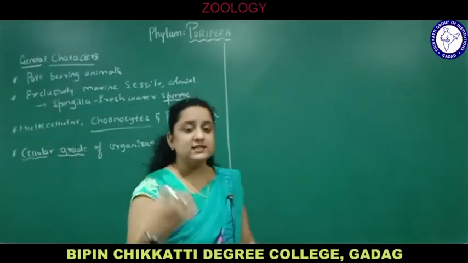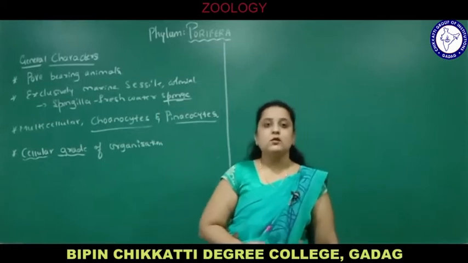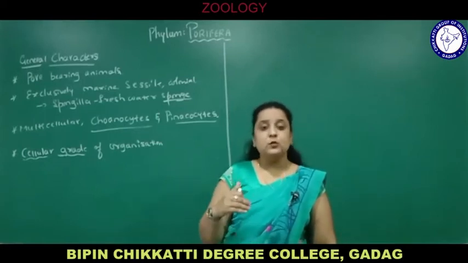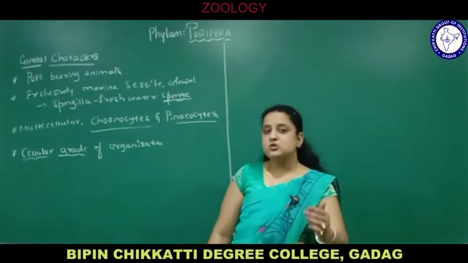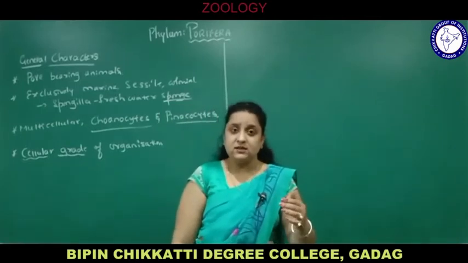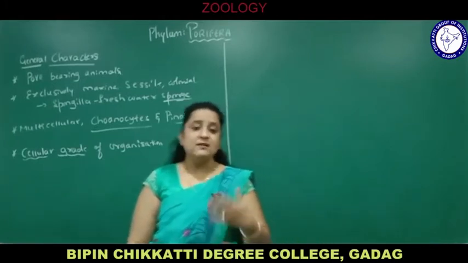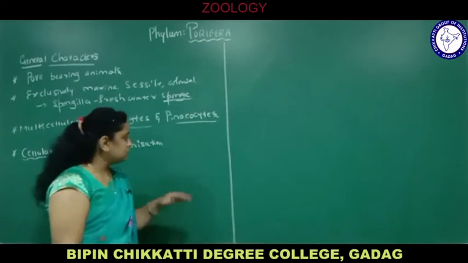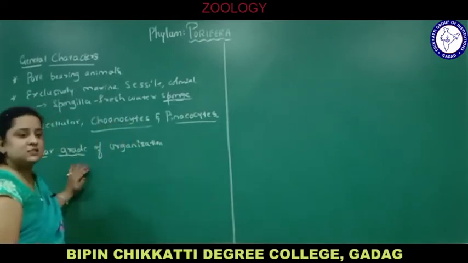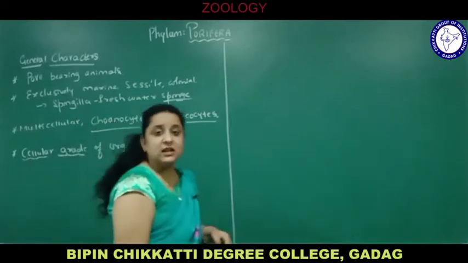As you know, we have seen the levels of organization: macromolecules and micromolecules form the cell, a group of cells forms tissues, a group of tissues together forms organs, organ systems, organism, population, community, biosphere and biome. We have already studied this in the biodiversity chapter. So this phylum belongs to which level of organization?